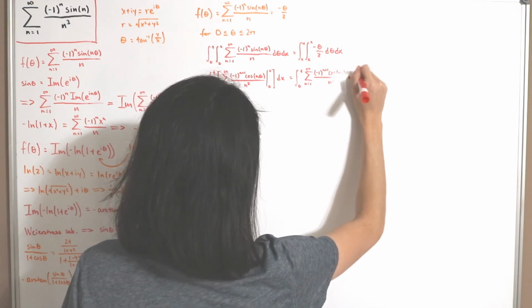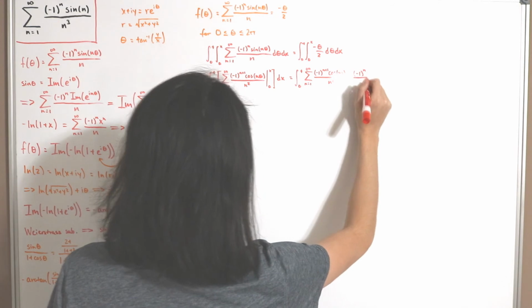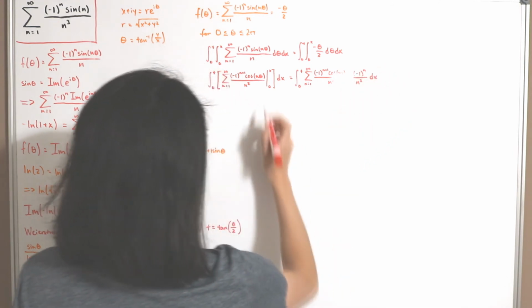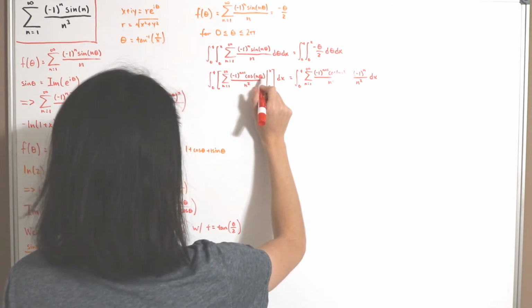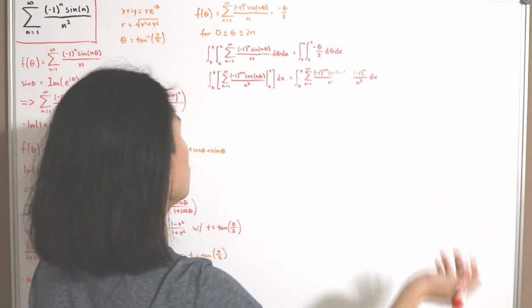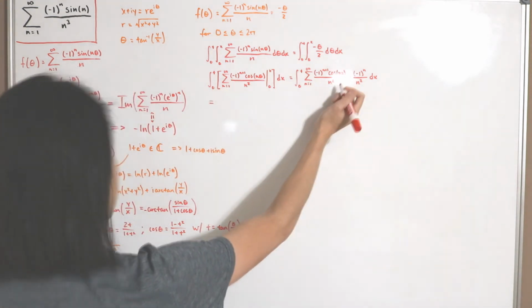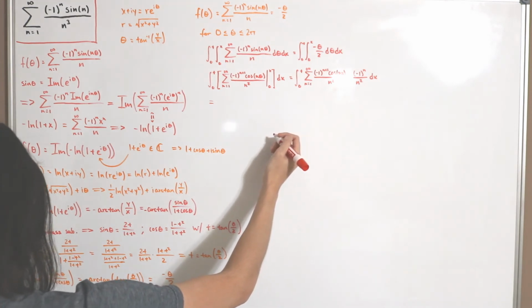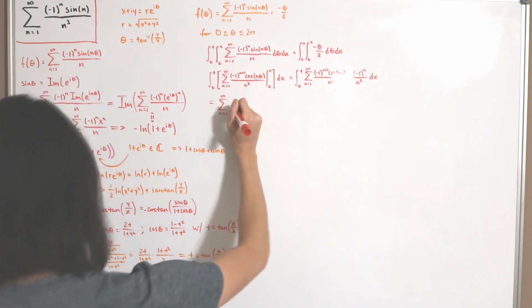So we get negative 1 to the n, divided by n squared, dx. Simply because if we plug 0 for theta, we get 1 no matter what value of n you choose. Okay, so when we integrate this, we get the infinite series again, n equal to 1.